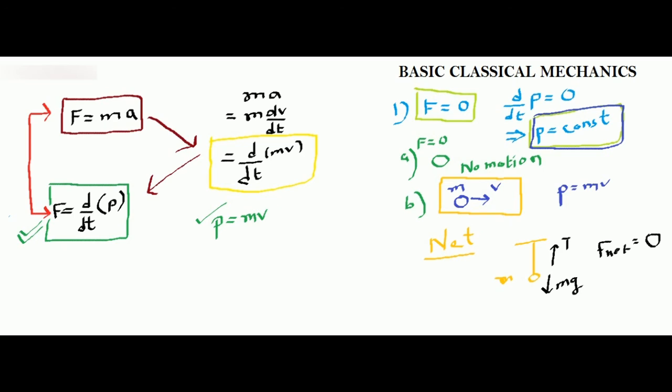So this is A. Another thing is saying that if you have a ball of mass m moving at a constant velocity v, then also you are saying that the force is 0. Yes, I mean the net force is 0. Okay, so let me give you an example.